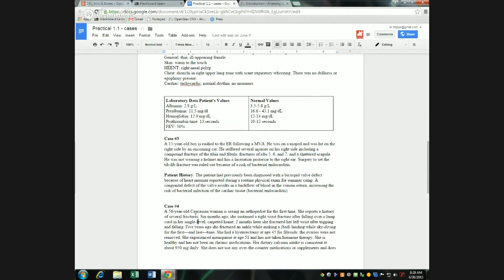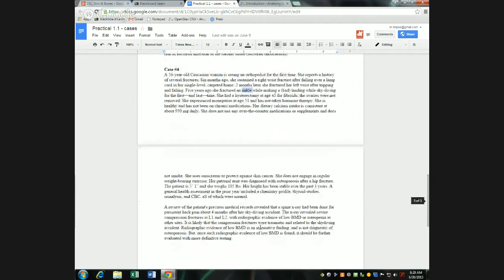In case 4, they're scattered around a little bit more, but here she's broken a wrist. Here's ankle. Here's part of her spinal column. Those sorts of things. So they're mentioned in the case. Pay most attention to those.